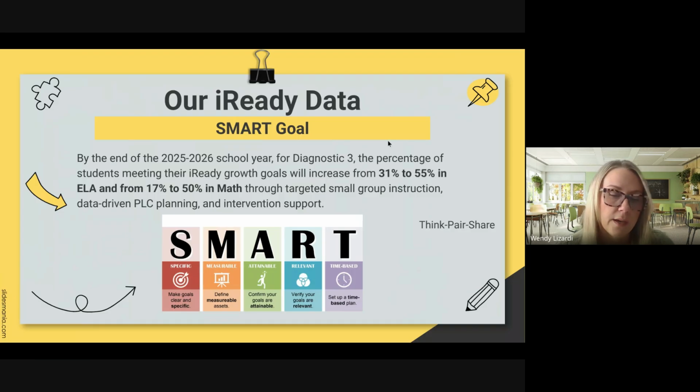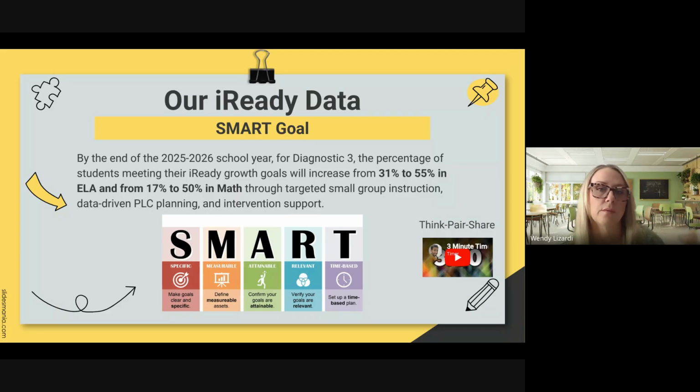So for that, we have our SMART goal, and we went ahead and used the hard data for that. So remember, SMART goals are specific, measurable, attainable, relevant, and time-based. So we went ahead and wrote this SMART goal for you.